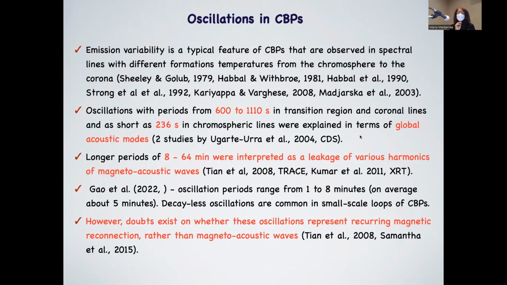They found oscillation periods which range from 1 to 8 minutes, but these oscillations were decayless, which is a very interesting result to follow. I have, however, to mention that in two of the works by Hui Tian from Beijing University, and later his postdoc Samantha et al., they have put forward doubts that some of the long period oscillations are not related to propagating waves, but most probably they represent reoccurring magnetic reconnection.